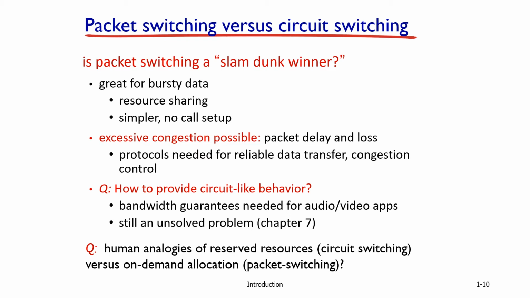Quick question for you, or let's say a brain exercise for you guys, is to try to determine the human analogies of reserved resources. What can be a human analogy of circuit switching versus on-demand allocation, or packet switching? Try to take an example or a case study from the university, from your everyday life, in which you are reserving resources, but some of those resources are getting wasted because there is no need for them at certain times.